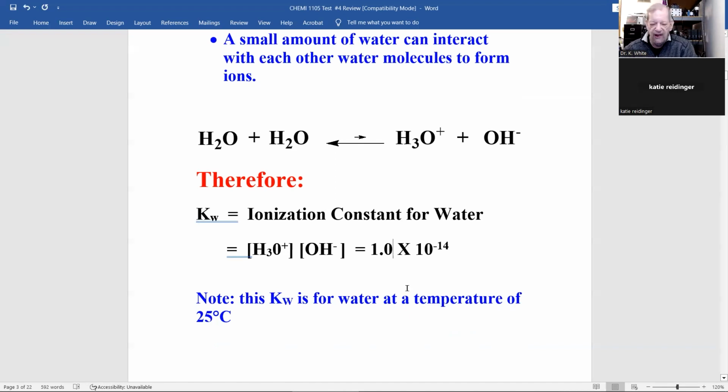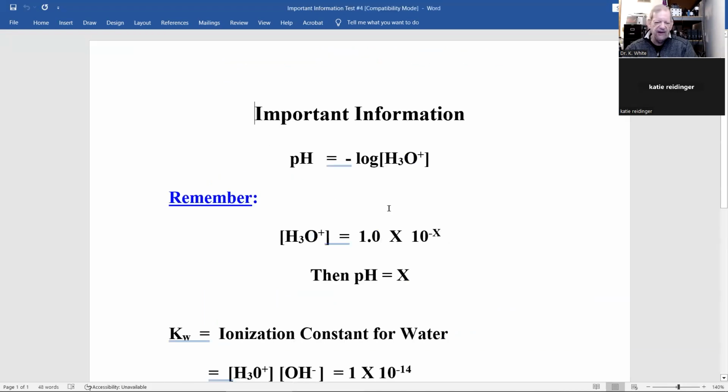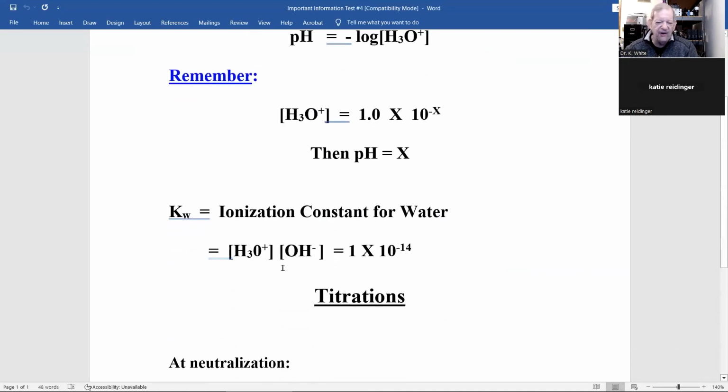Now, let me remind you, at the end of test number 4, the last page or two, you'll see important information. And notice here, I have Kw equals hydronium ion concentration times the hydroxide concentration equals 1.0 times 10 to the minus 14.